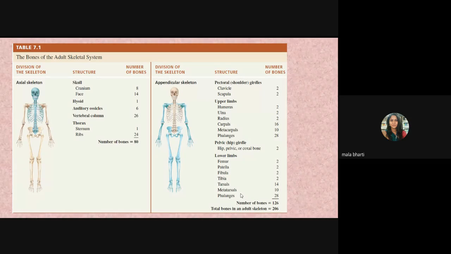He can give the opinion that, yes, this is a human bone, and further that it is a female's bone, or the age can be approximately 22 years, or the stature can be around 6 feet. To give such opinions, it is very important that the expert is thorough with the knowledge of anatomy.